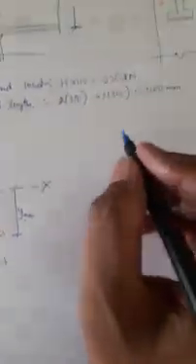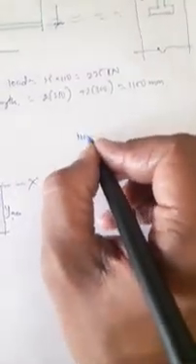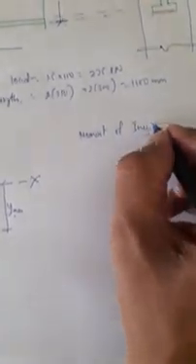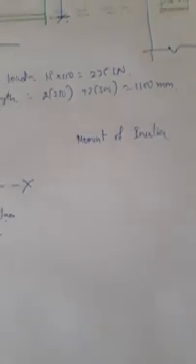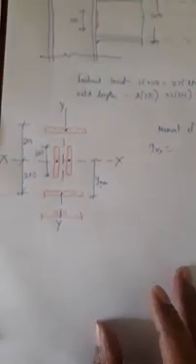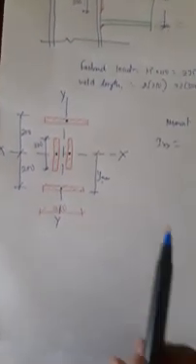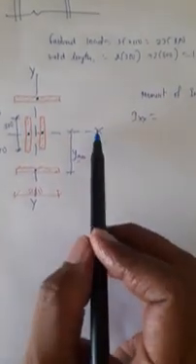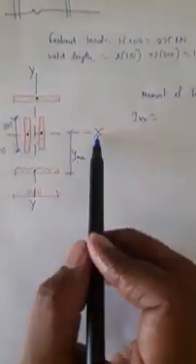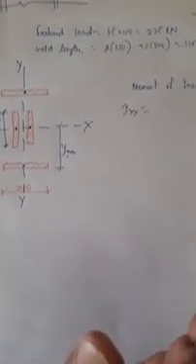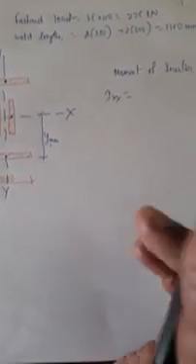Now I have to calculate the moment of inertia, IXX. Now look at this diagram. First let me write the equation for these two flange welds. I am going to find IXX. So parallel to XX is B, perpendicular is D. BD cube by 12 plus area into CG distance square.